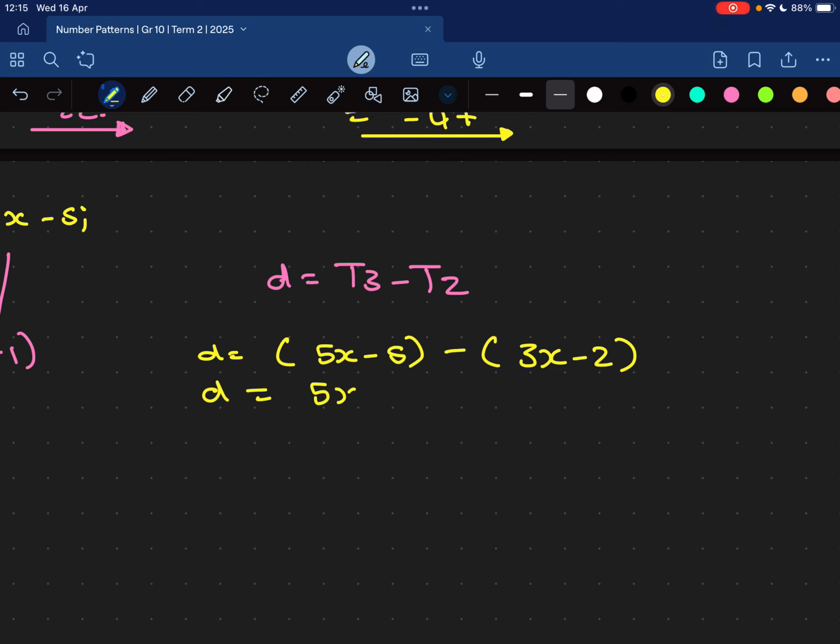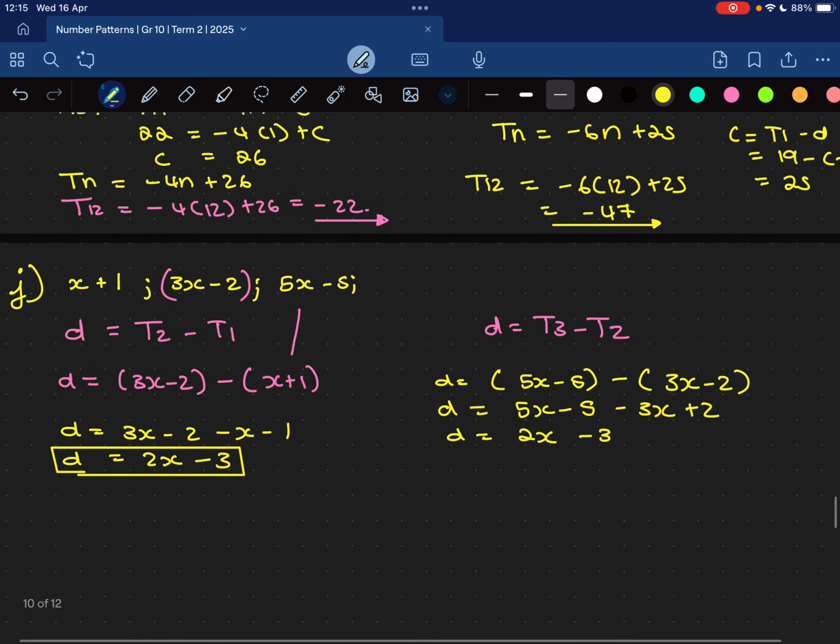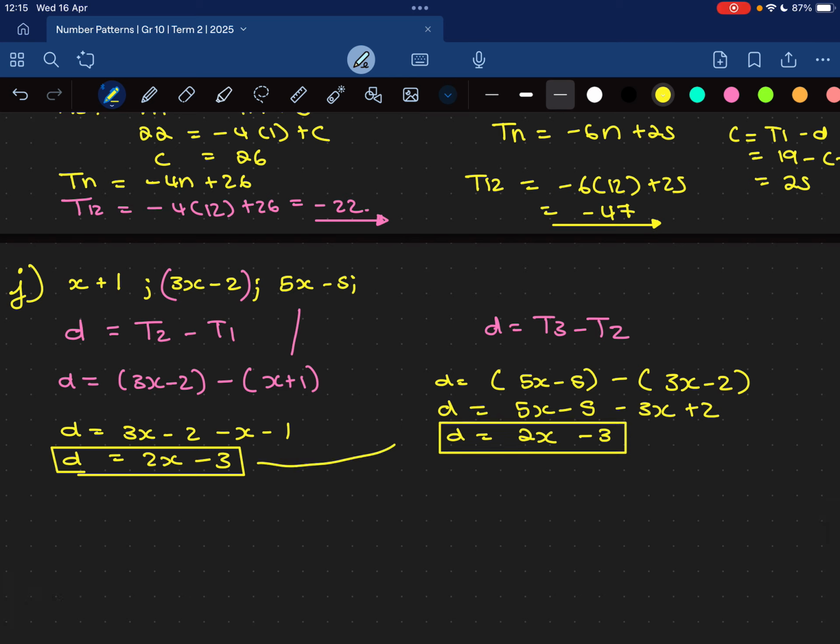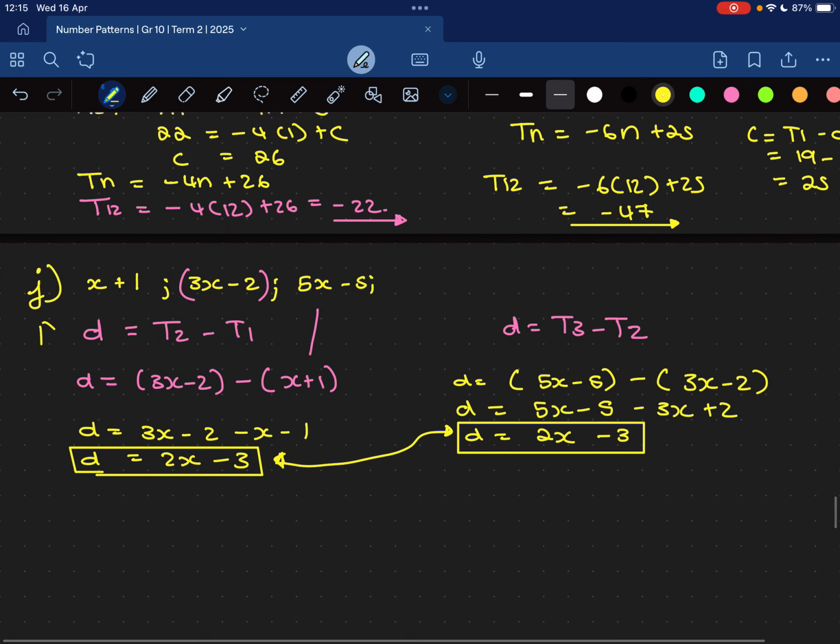So you have 5x minus 5 minus 3x plus 2. So 5x minus 3x is just going to be 2x, and minus 5 plus 2 is minus 3. Okay, so notice you get the exact same answer. Okay, that is the answer to number 1.